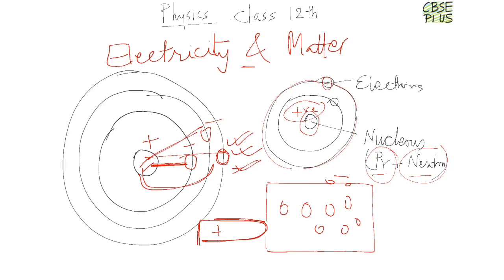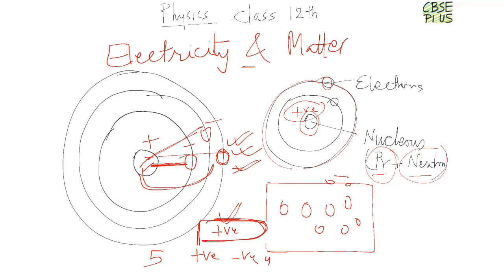So if another object comes in contact with this object, and this other object is positively charged, what is the meaning of positively charged? Positively charged means it has more positive things and less negative things. Suppose it has 5 positive things and 4 negative things. So it can take one more negative thing to become neutral.